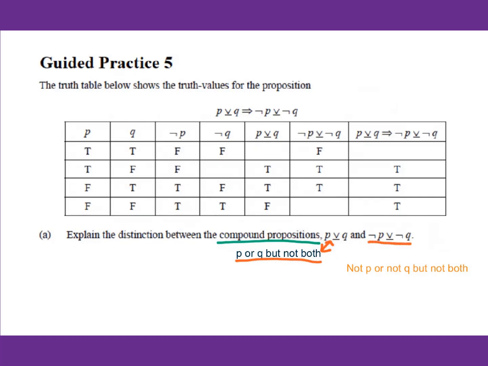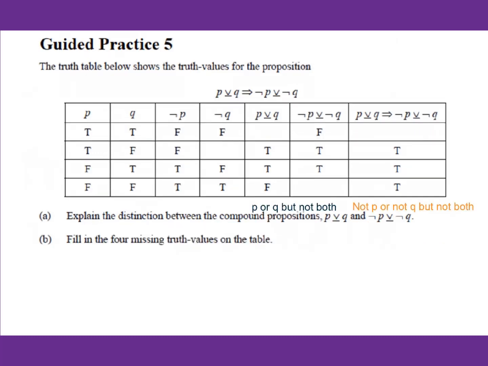For this, the compound proposition means not P or not Q, but not both. B. Fill in the 4 missing truth values on the table. Not Q means opposite of Q. Therefore, this is true.